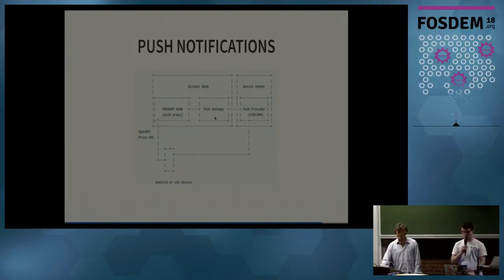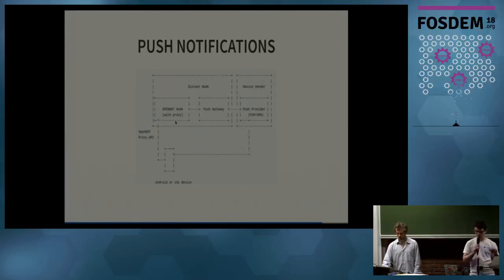So we have a push gateway hosted by Savoir-Faire Linux. It's push.ring.cx. And on this central server, you store the key and the passwords for APN or FCM.